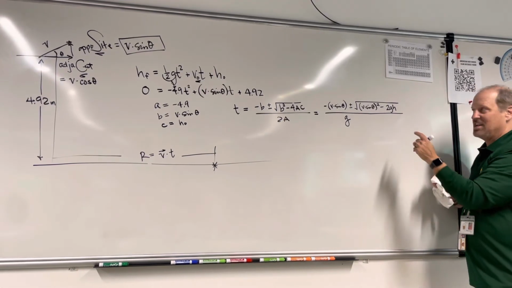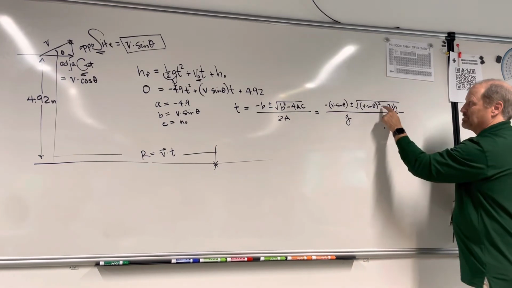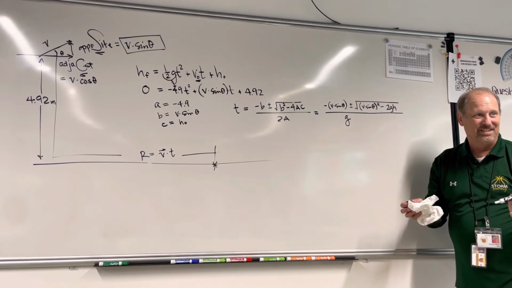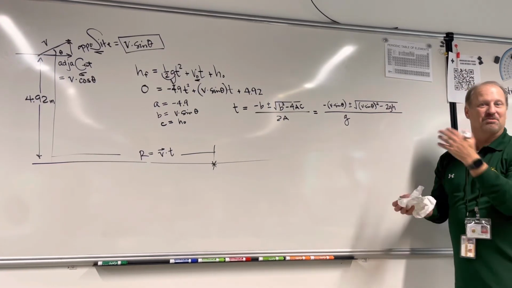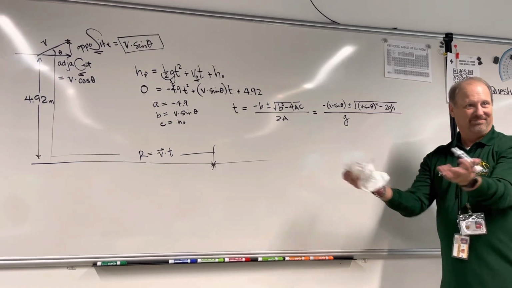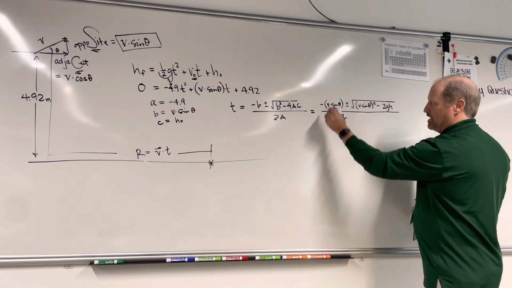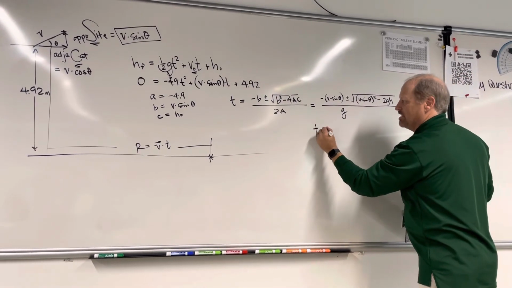What do we know about g? Positive or negative? It's negative, so we're subtracting a negative. Does that make sense? So we're not going to have a negative number under there. There's no way, because we're subtracting a negative, so it's got to be positive. Make sense? So then you're just going to plug this information in to get the time in the air, your time of flight.